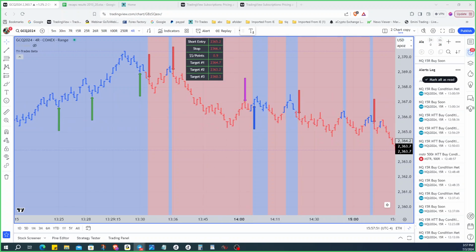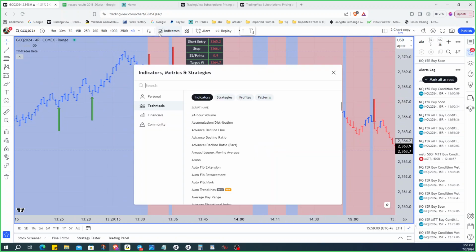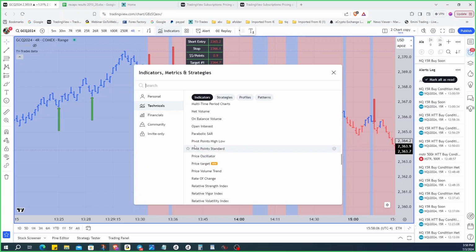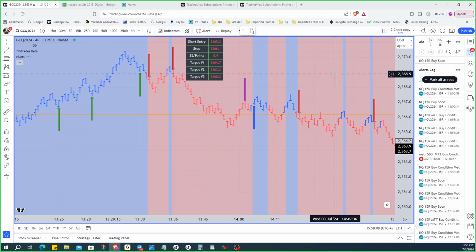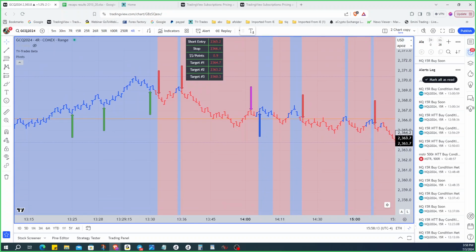Now, that doesn't really play out all that well with what I'm using the pivots for. That's not how you do it. What they're talking about when they talk about pivot points like that is these kinds of pivot points. If you go in here to technical indicators, you have these default pivot points, Pivot Points Standard. That's exactly what that is. It puts some random points here on your chart.